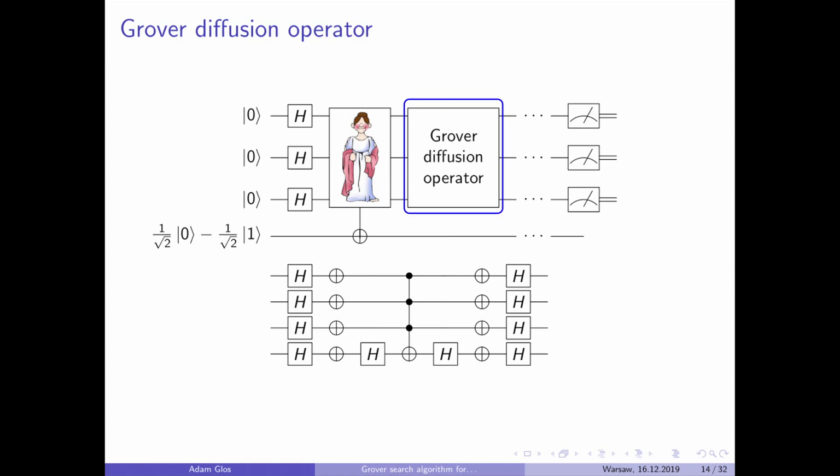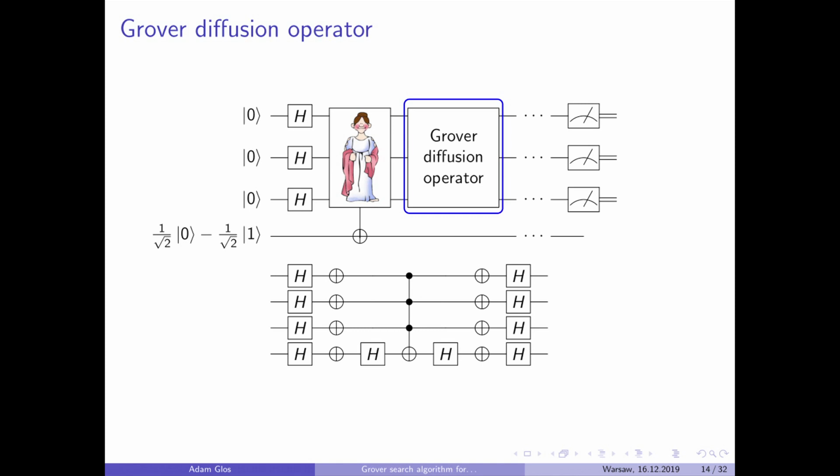It actually could be introduced as a controlled Z gate, but I would say it's a little bit more convenient this way. If we have n qubits when we are applying the Grover diffusion operator, we need n-1 Toffoli gates.